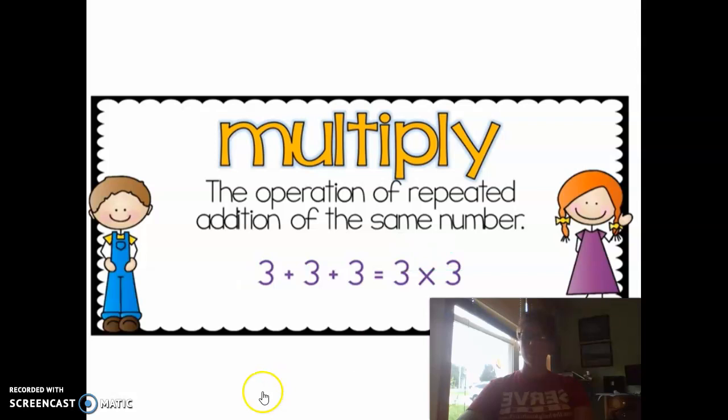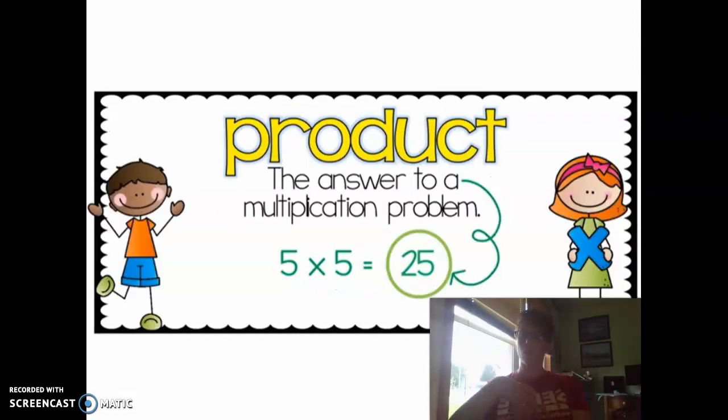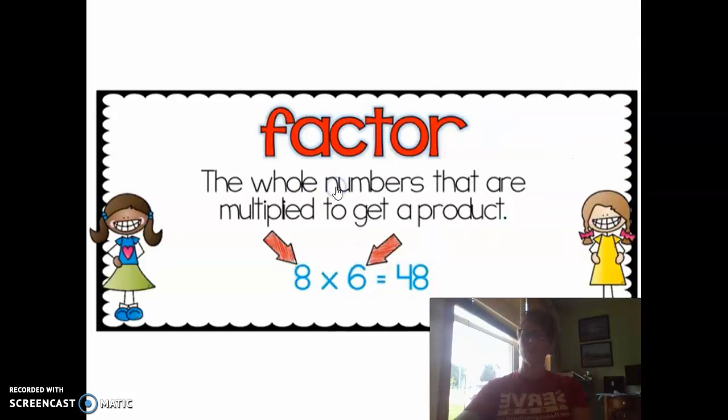Let's see the next definition we've got here. Factor. The factors are the two numbers that you multiply together to get the answer. In front of us it says the whole numbers that are multiplied to get a product.